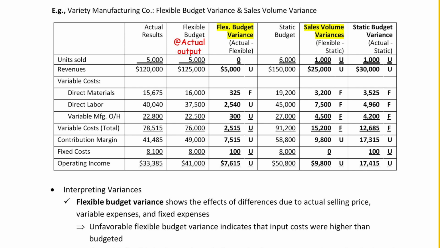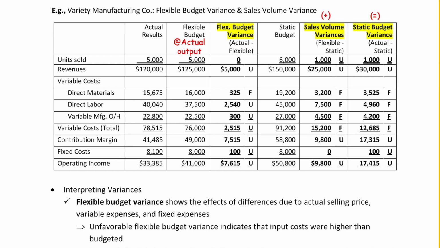Put a plus sign above the sales volume variance column. Put an equal sign above the last column, which is the static budget variance. So once again, static budget variance is equal to flexible budget variance plus sales volume variance.